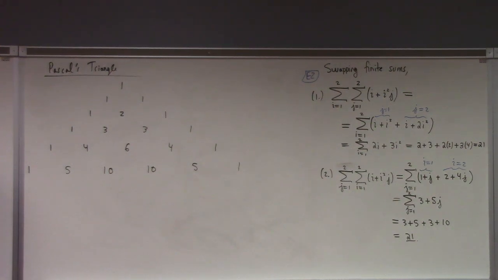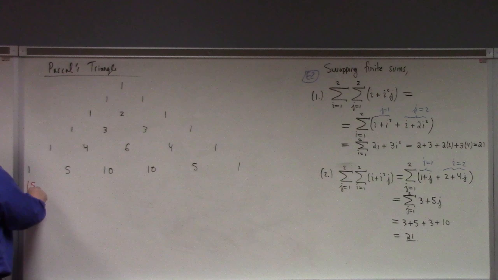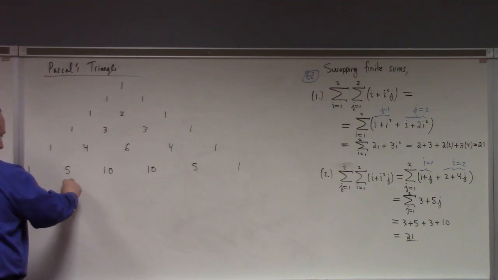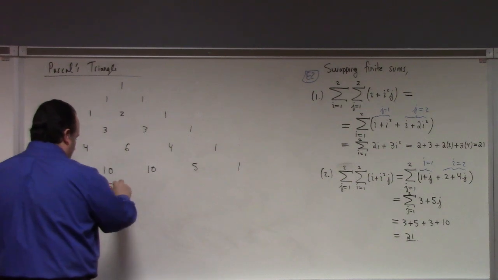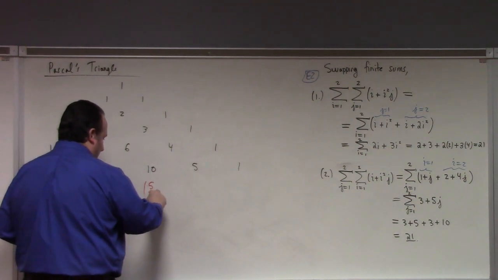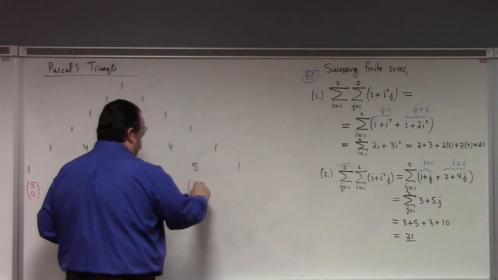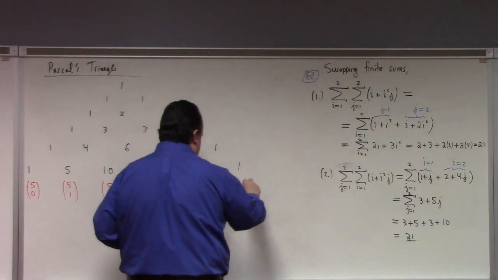So the significance of these numbers is that they reveal the binomial coefficients. Like this is 5 choose 0, 5 choose 1, 5 choose 2, 5 choose 3, 5 choose 4, and 5 choose 5.